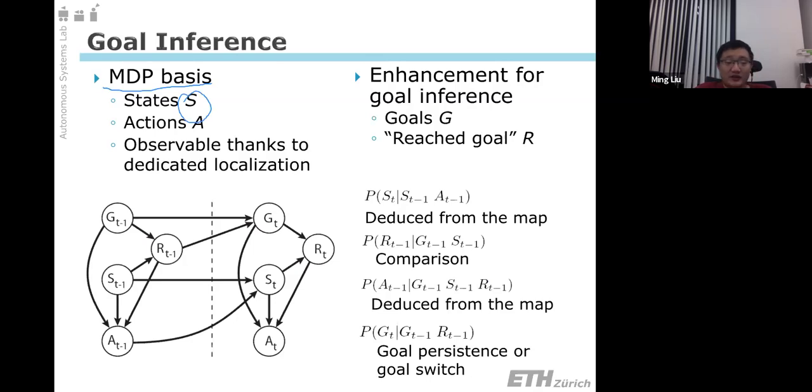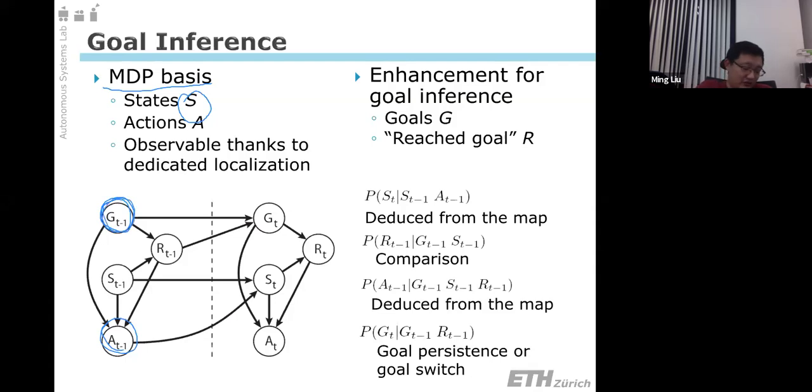You have some observables, essentially dedicated locations, and you have many correlations and dependencies. For example, the goals, so that's your action. Based on your current goal, during this process the user may change their goal from time to time.